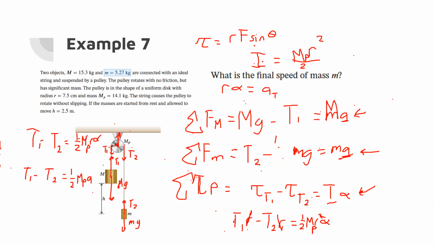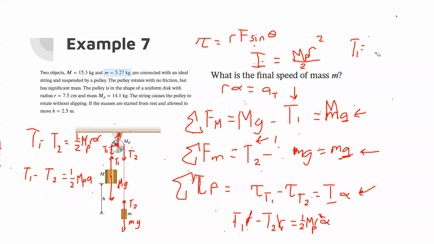So in this case, what I would have to do is solve for tension 1 and for tension 2. So tension 1 will be equal to, oh, go back. Tension 1 will be equal to capital MA minus capital Mg, and oh, actually, it's backwards. This is backwards.